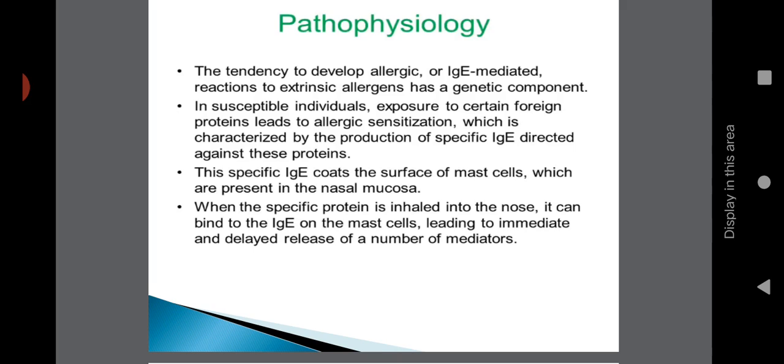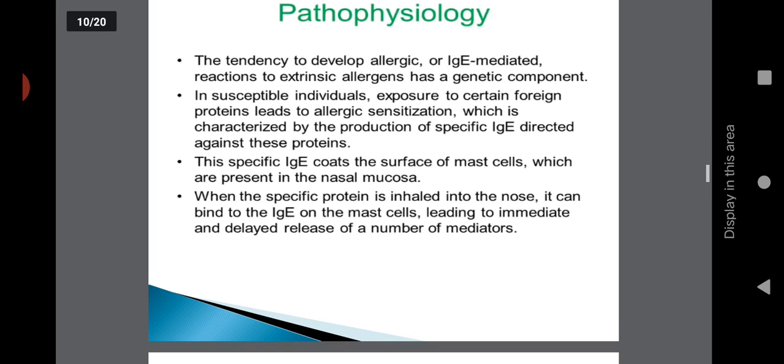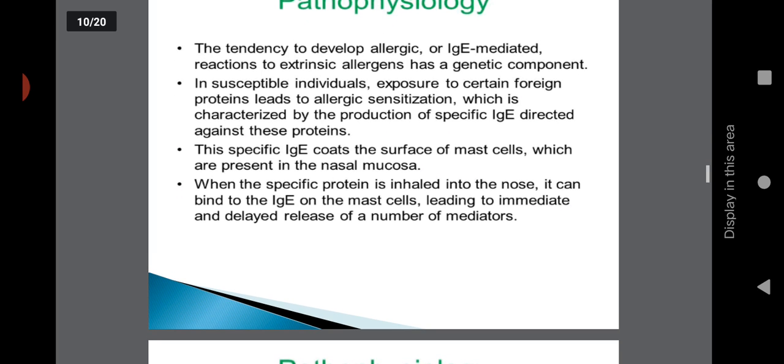When the susceptible individual is exposed to some kind of foreign body, specific immunoglobulin E will be produced in their body. This specific Ig coats the surface of the mast cells which are present in the nasal mucosa, and it will be present in the nasal mucosa.